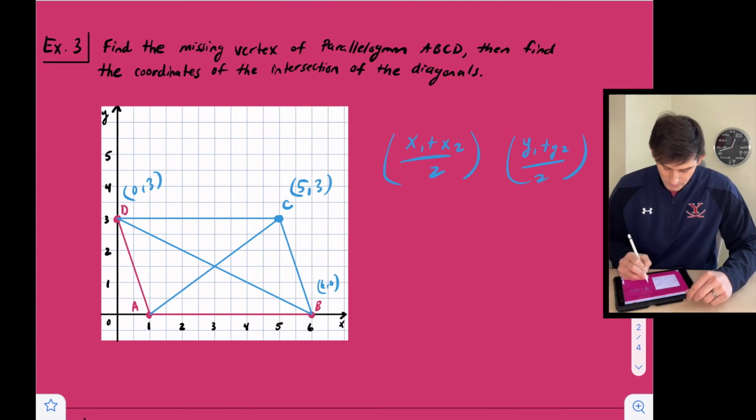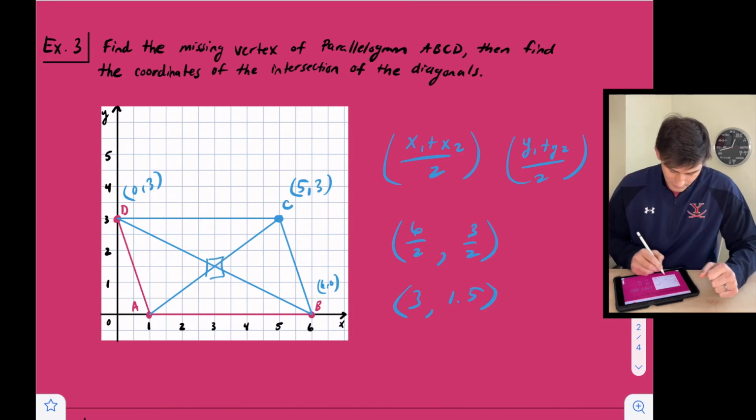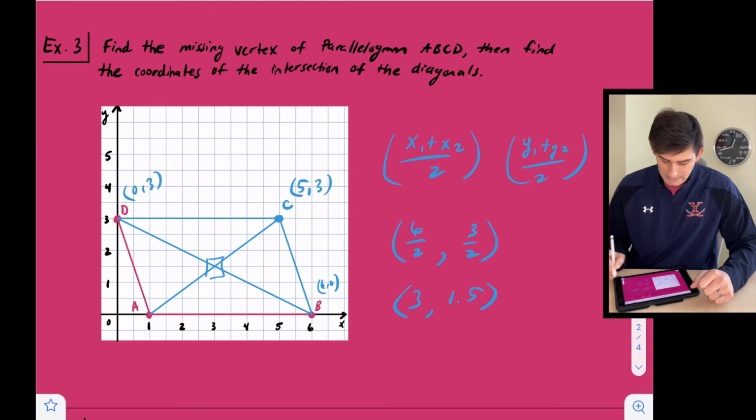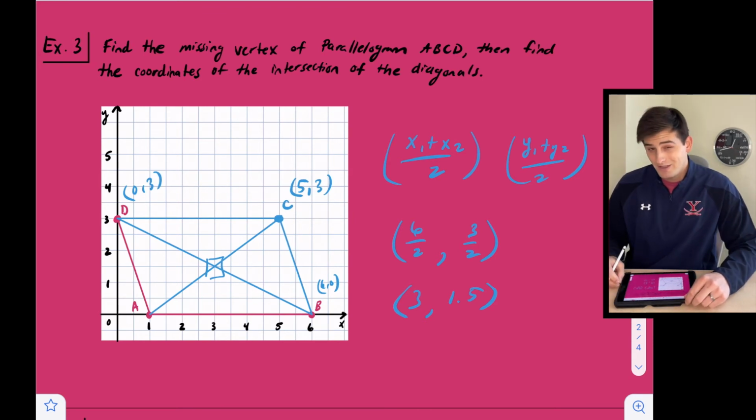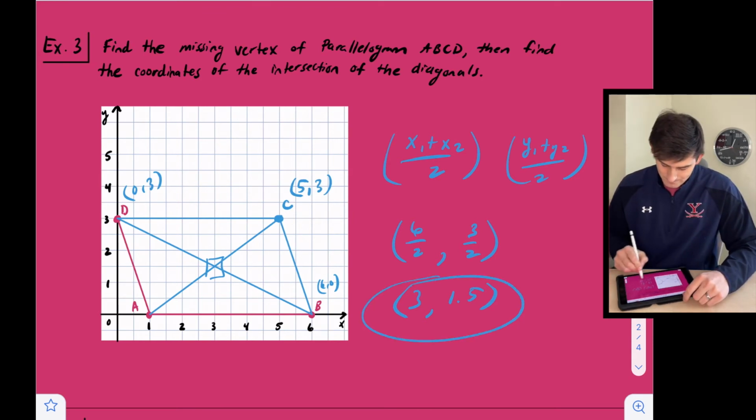So for DB, we're going to say 6 plus 0, so 6 over 2, comma, and then 3 plus 0, so 3 over 2. So we get (3, 1 and 1/2), okay? Which is what we thought there, right? (3, 1 and 1/2) would be the coordinate of the intersection of the diagonals.